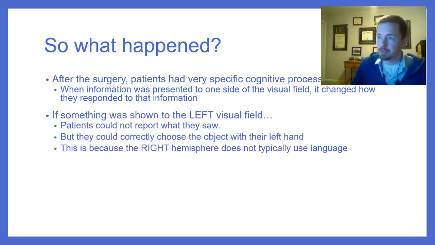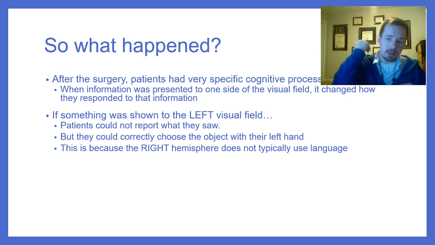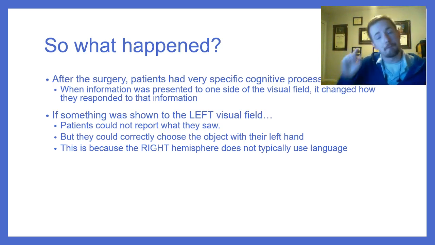So here's an example. If something was presented in the left visual field, patients would not be able to say what they saw. So you're covering up one eye and you're seeing things in your left visual field. These people were not able to articulate what they saw, but they were able to draw it. They were able to correctly choose it with their left hand.